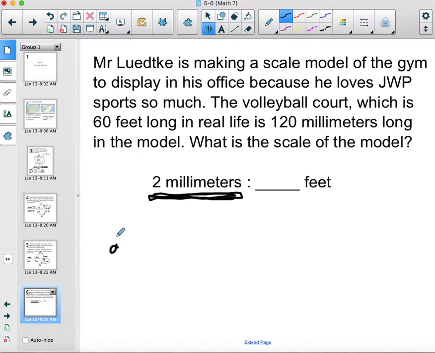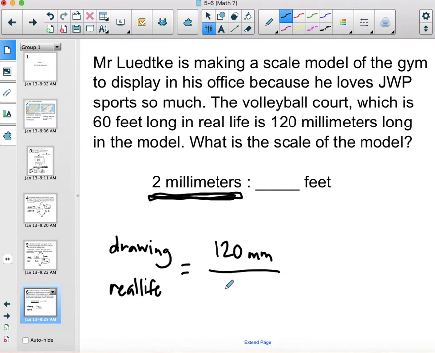So in the drawing and in real life, so in his drawing, it's 120 millimeters long, and in real life, that's 60 feet. So here it's telling us we want to know the scale for 2 millimeters.